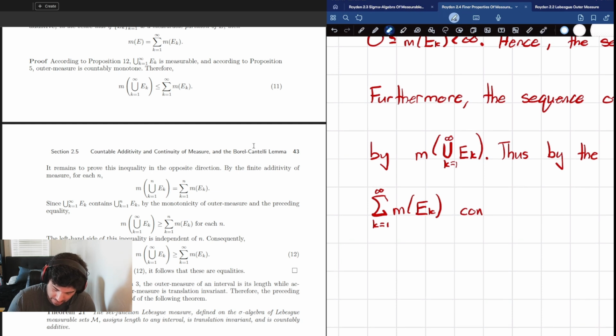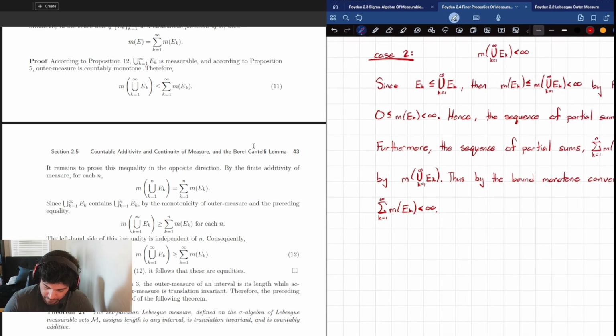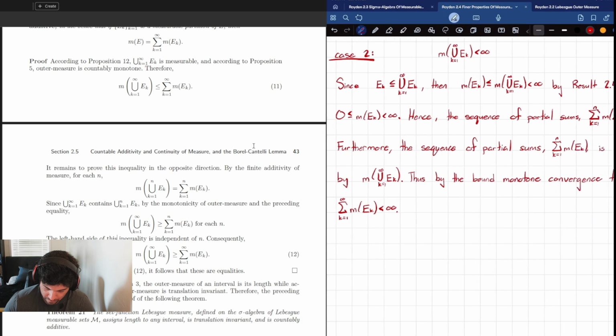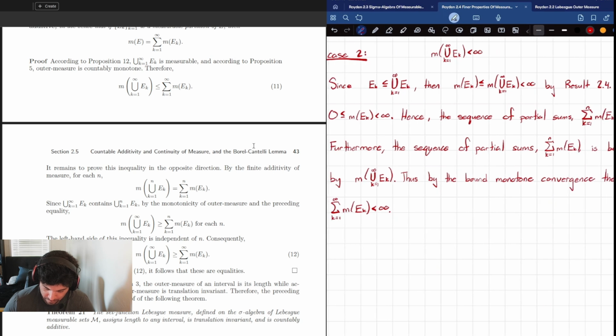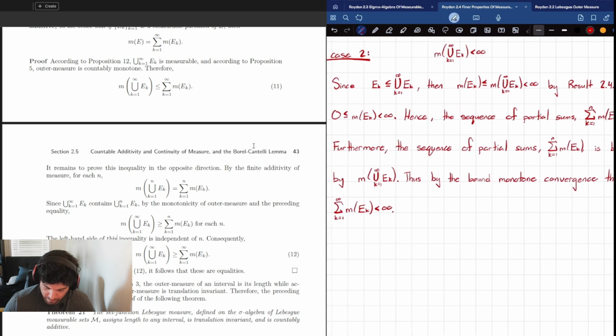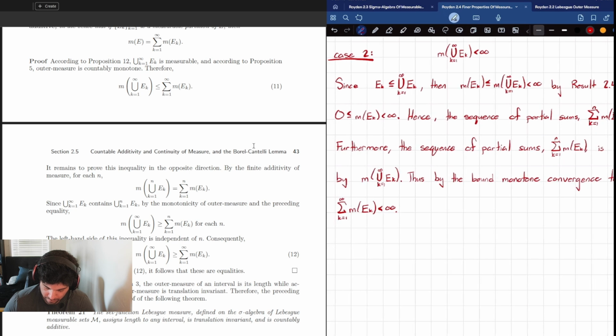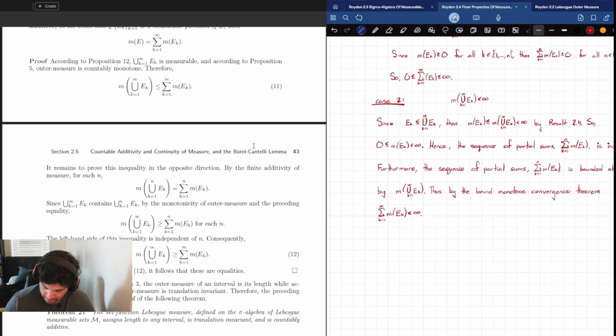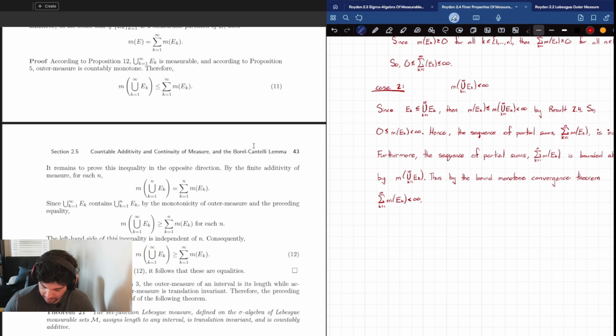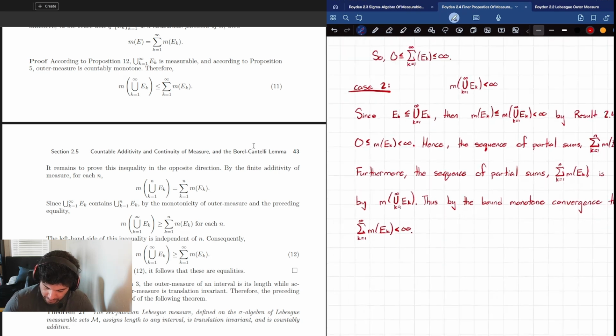It's less than infinity. Okay, that's part of the argument, and I think the other part is that we have to use the limit properties.